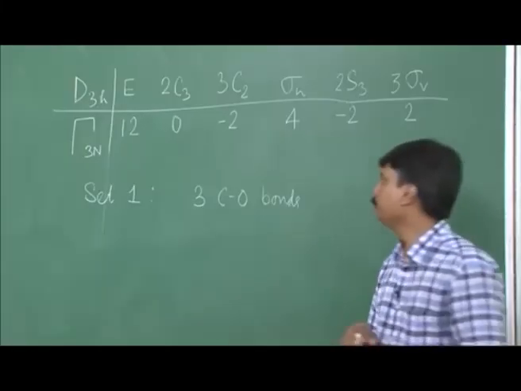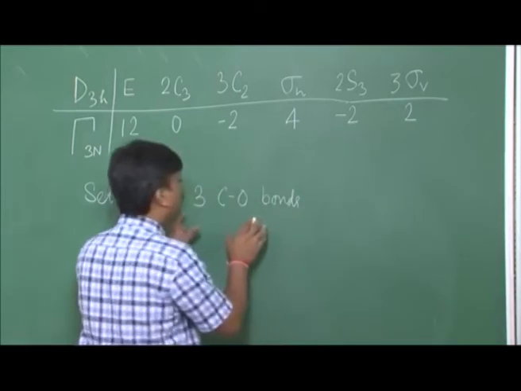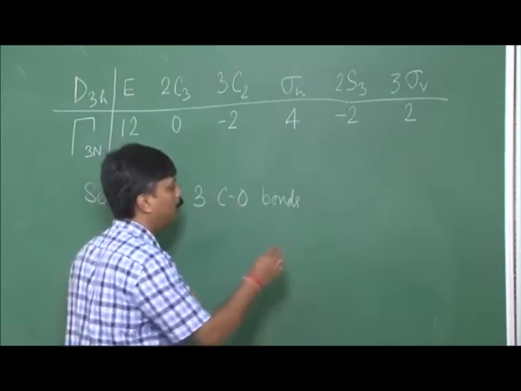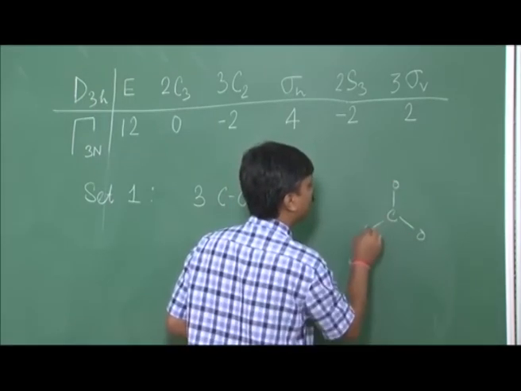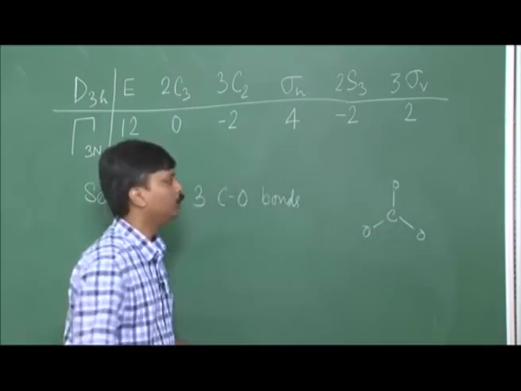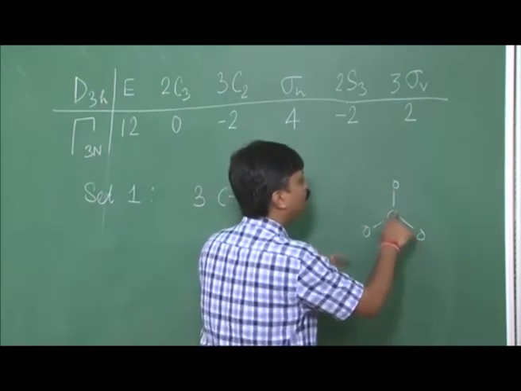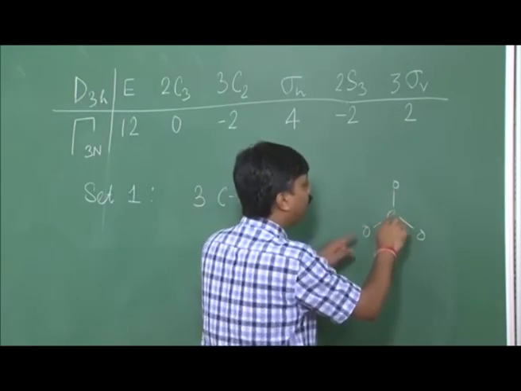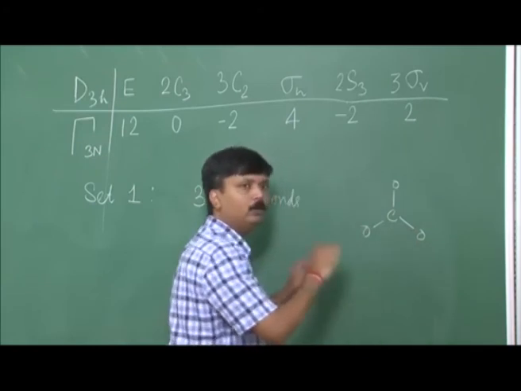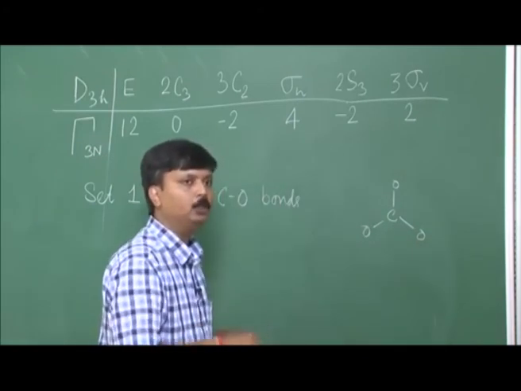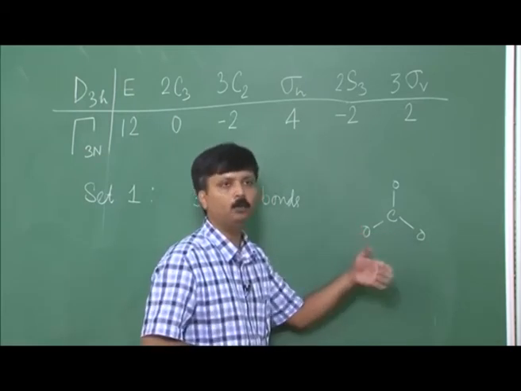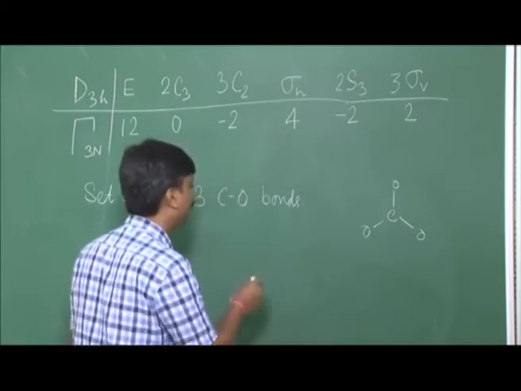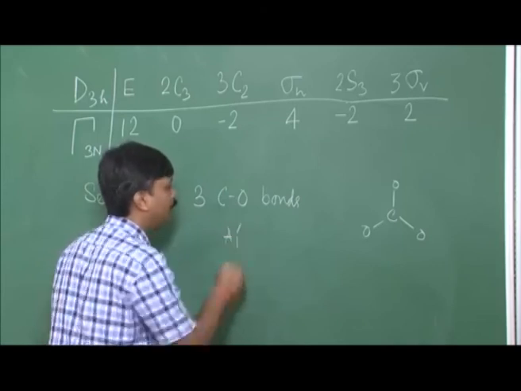So if you form a representation where you are considering only this, these 3 bonds can either be stretched in the same amount at the same time, which will be very much symmetric. So definitely that will give me the totally symmetric irreducible representation A1, so here it is A1 prime.